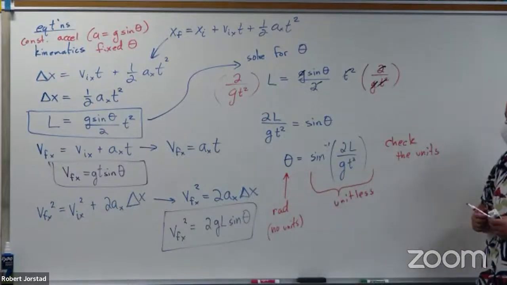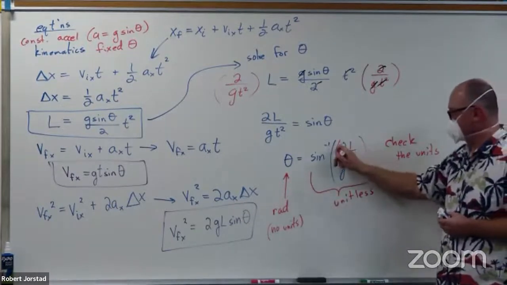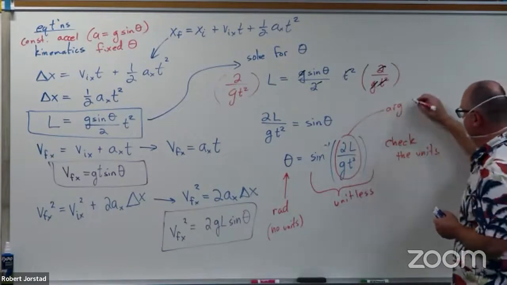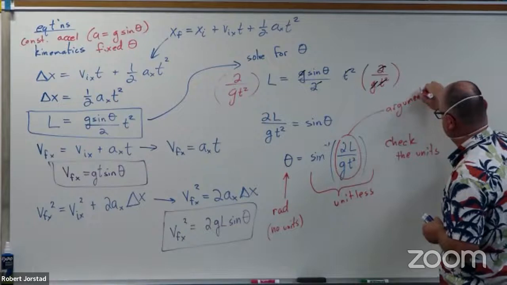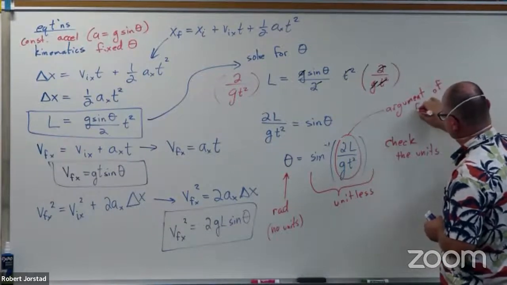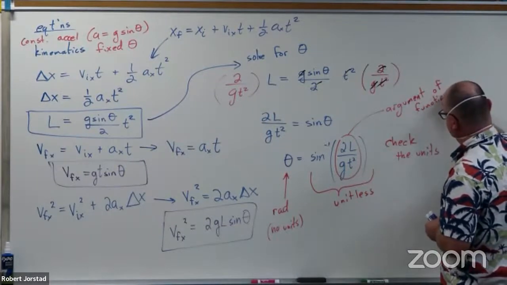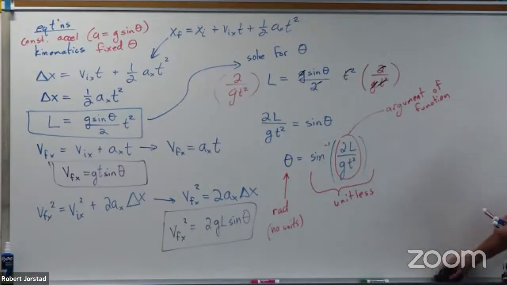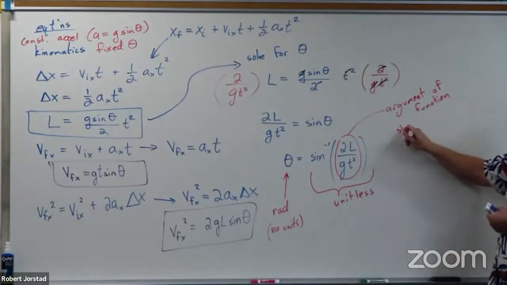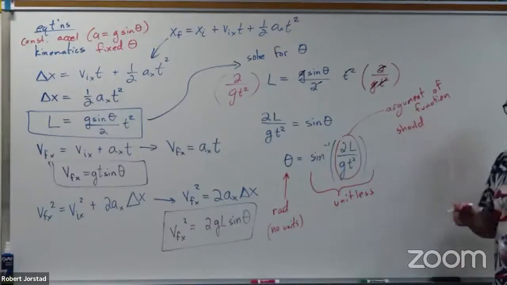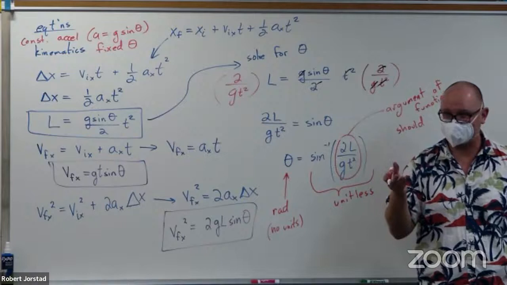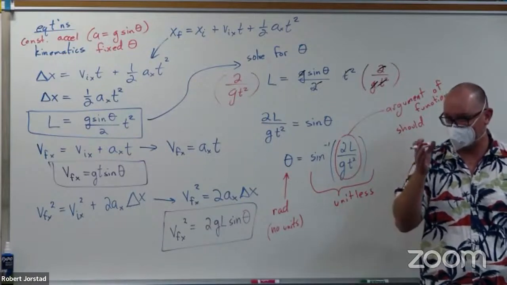We could do it even better. This is the argument of the function. What are the units for the argument of a function? When you punch something into your calculator and you want to do e to the x, do you have units on that number when you type it in?